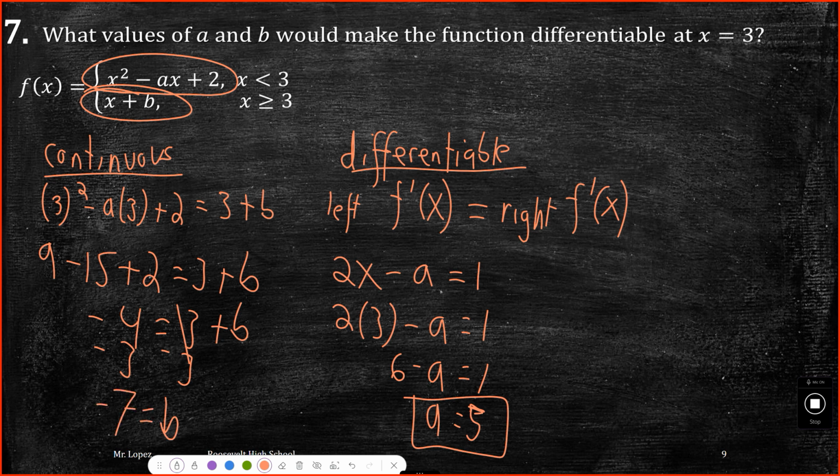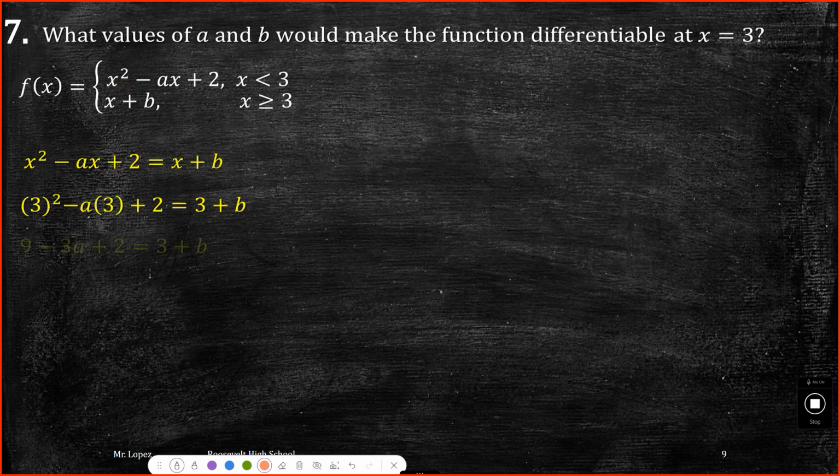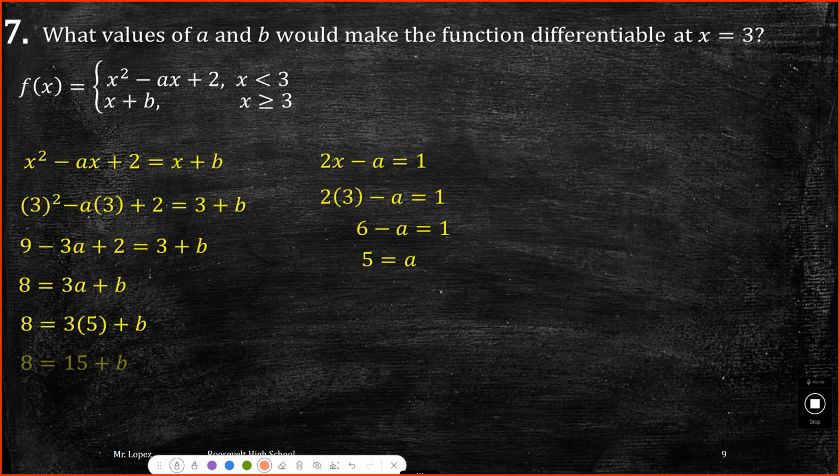So if this is differentiable at x equal to 3, then a has to be 5 and b has to be negative 7, unless I did something wrong.